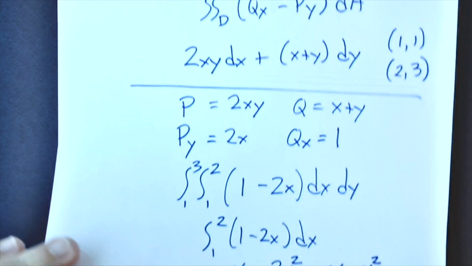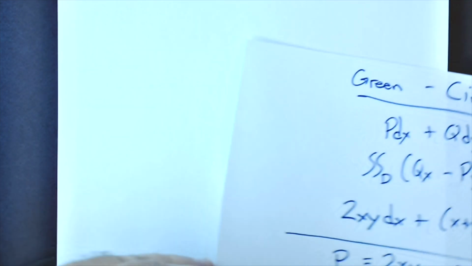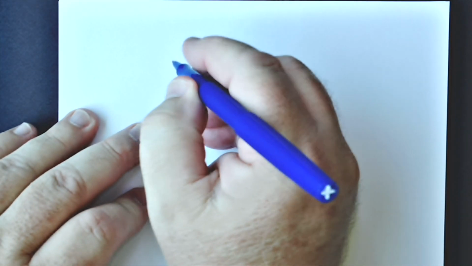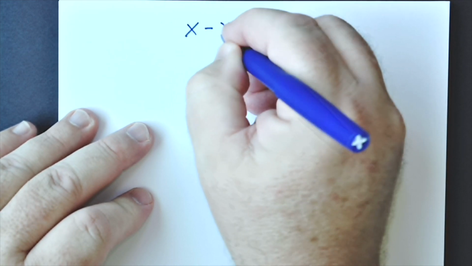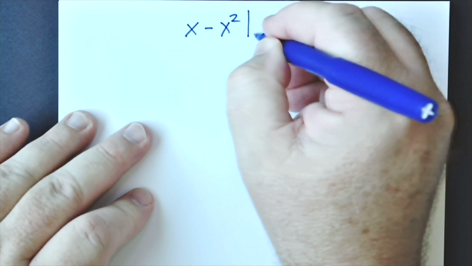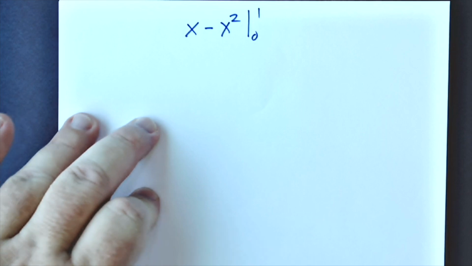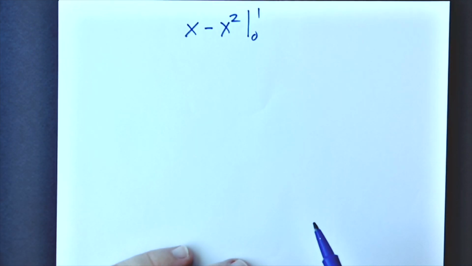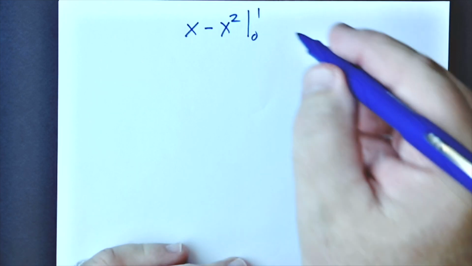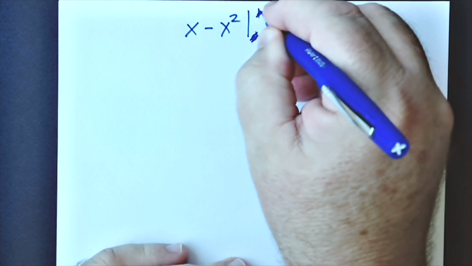So I'm going to move that to another page here. Let me slide this down so we can see what we're doing. So we've got x minus x squared, and we're going to evaluate that from 0 to 1. Oh, I'm sorry. I said 0 to 1. It's not 0 to 1. It's 1 to 2. I apologize.